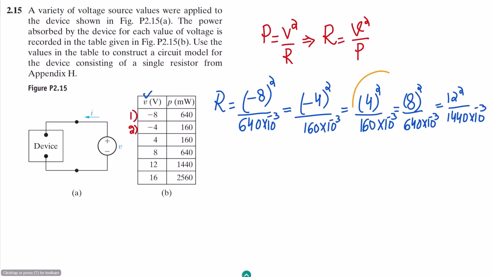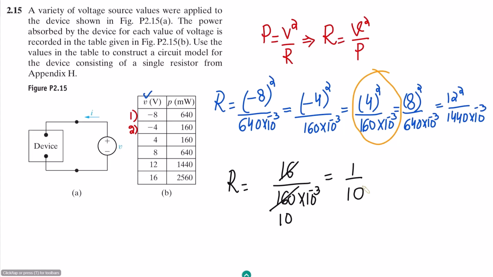So let me pick this one because it seems easier. To find the value of the resistor from it, it is 16 divided by 160 multiplied by 10 to the power minus 3. This 16 is 10 times this, so it would be 1 over 10 to the power minus 2, which is also 10 to the power 2, or 100 ohm.